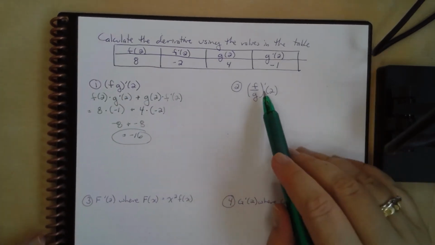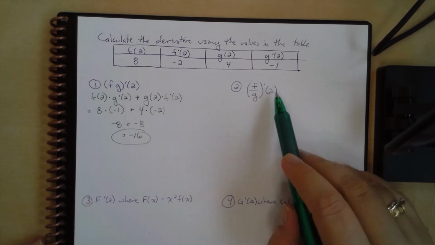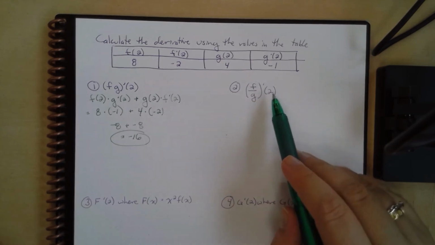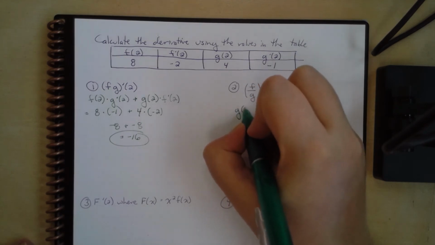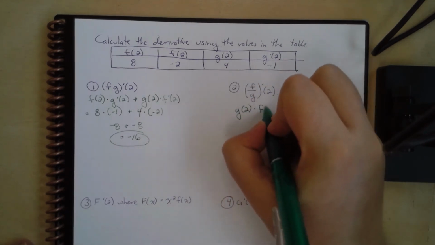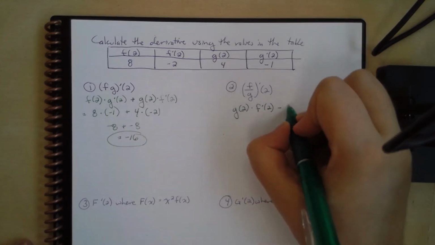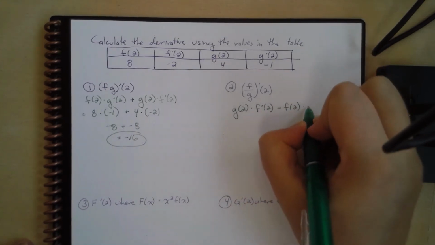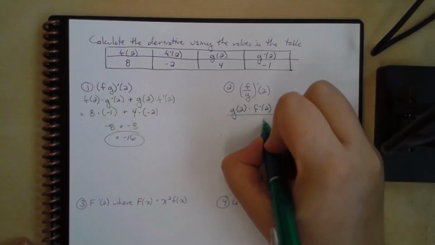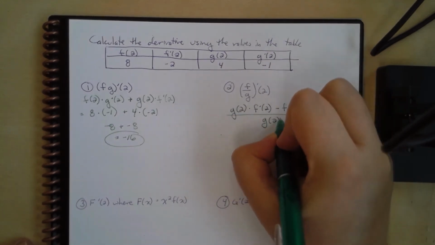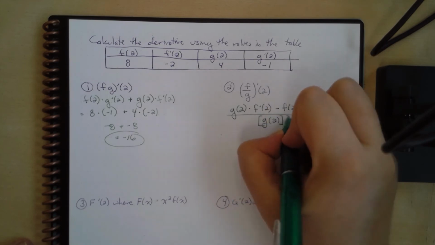Let's try this. f over g prime of 2. Well, that we can just use our quotient rule. So we're going to have the bottom, g of 2, times the derivative of the top, f prime of 2, minus the top, f of 2, times the derivative of the bottom, g prime of 2, all over g of 2 squared, the bottom squared.